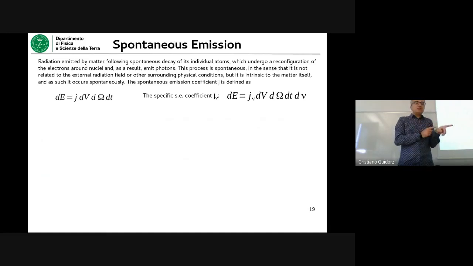If you compare to the previous one, you just gain an extra factor of d nu, given that now the specific spontaneous emission coefficient is defined per unit frequency. In order to have dE, you have to multiply also by d nu. Otherwise, it's exactly the same: dV, d omega, dt, d nu.